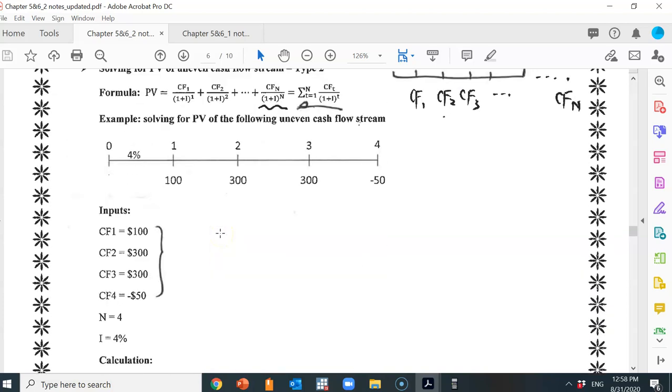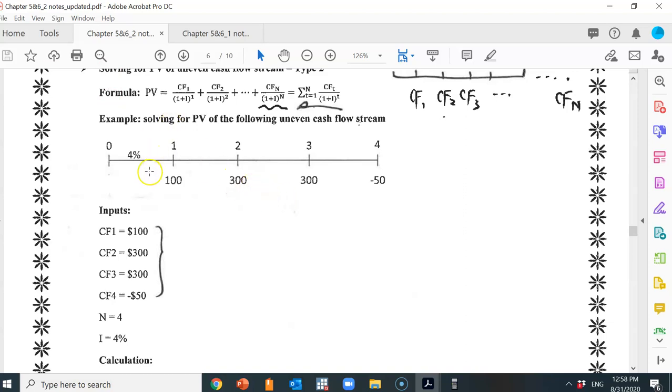Let me first show you the first method, which is to discount these 4 cash flows one by one. Let me show you how to use our formula first and then the calculator, even though I still think the financial calculator would be easier than the formula, and that should be the first way to go.